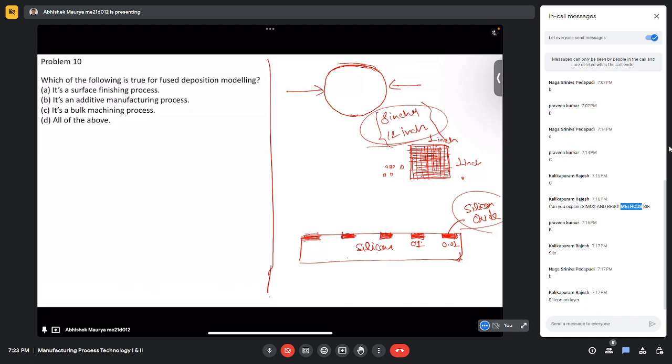There are methods, some dry methods and some wet methods, through which we are able to supply oxygen over the silicon wafer. But in order to make them very location specific, we use the photolithography technique.